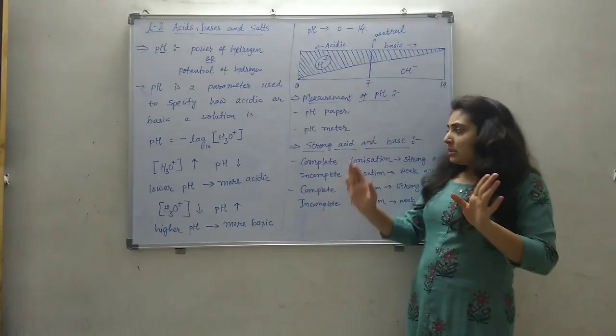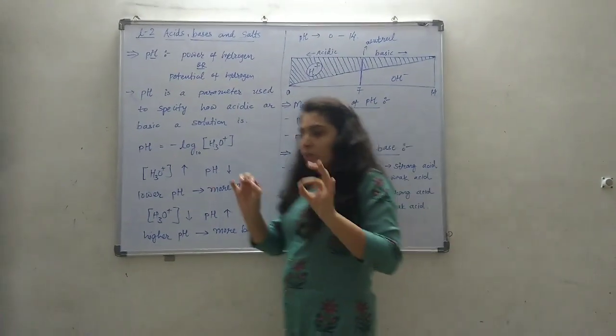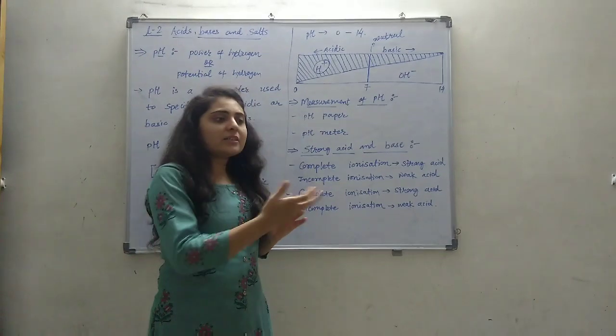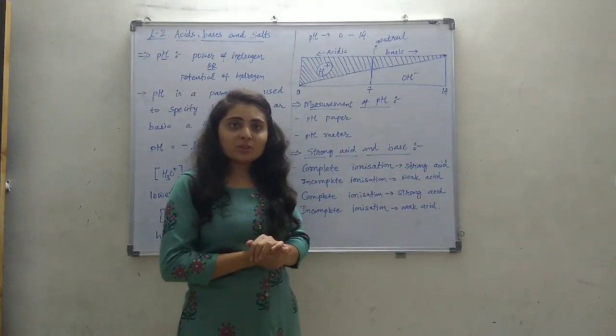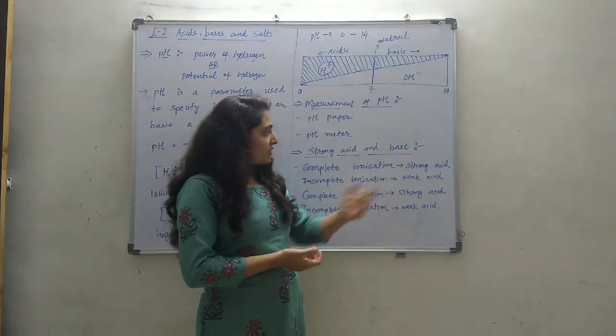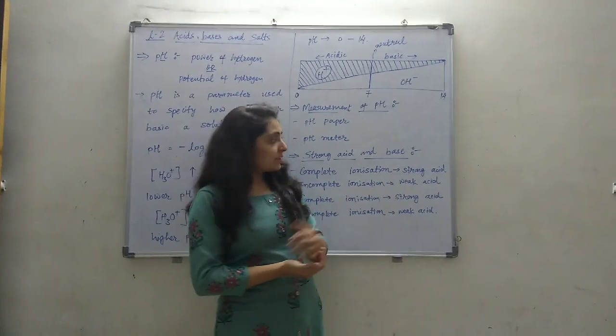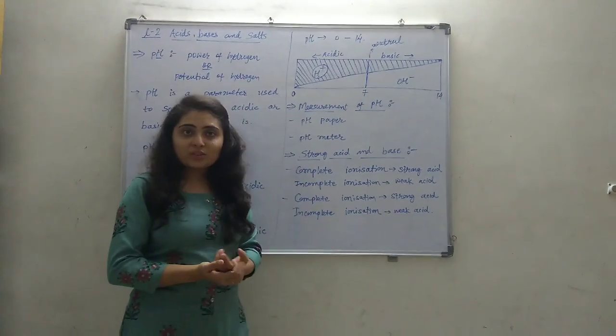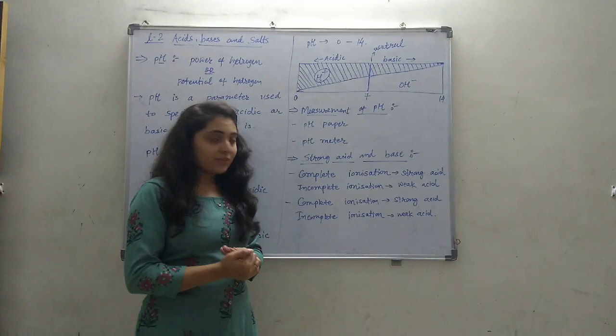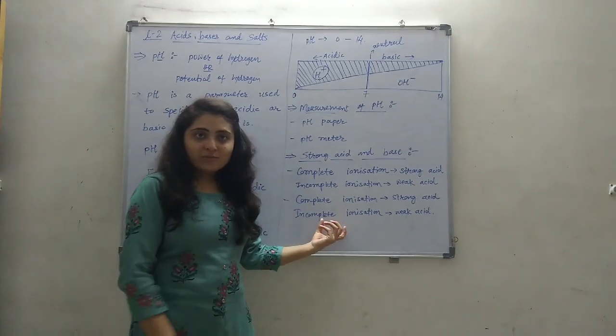So if each and every molecule is dissociated, that gives a strong acid. Complete ionization means it is a strong acid, and incomplete ionization means it is a weak acid. The same way you can define it for a base.